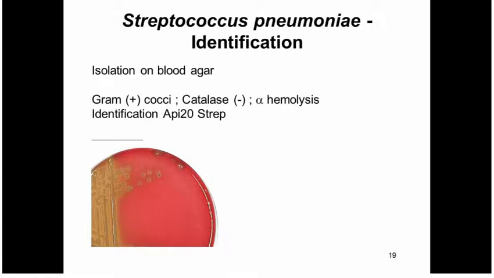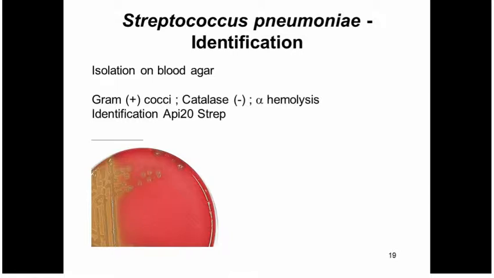So this has sheep blood erythrocytes mixed with the agar before the plates are poured. So you have some discoloration underneath the bacterial colonies, but you don't have a massive amount of hemolysis. This is alpha hemolysis. Beta hemolysis is a huge amount, where you would have all of this region totally lysed.